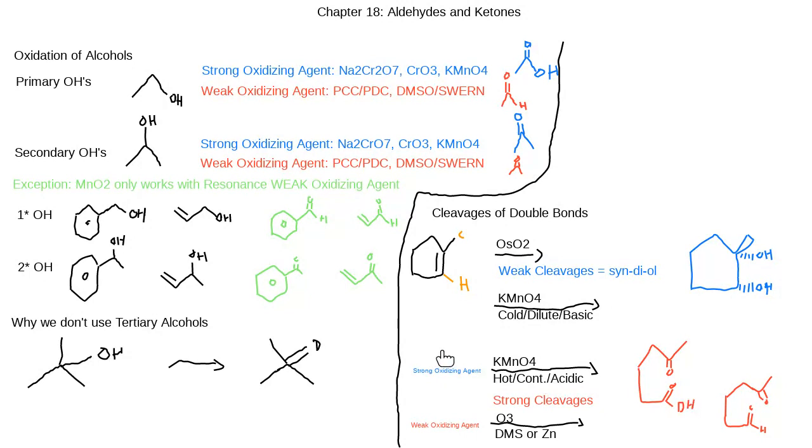And because KMnO4 is a strong oxidizing agent, it will turn into a carboxylic acid, and ozonolysis is not a strong oxidizing agent. It can only do aldehyde.